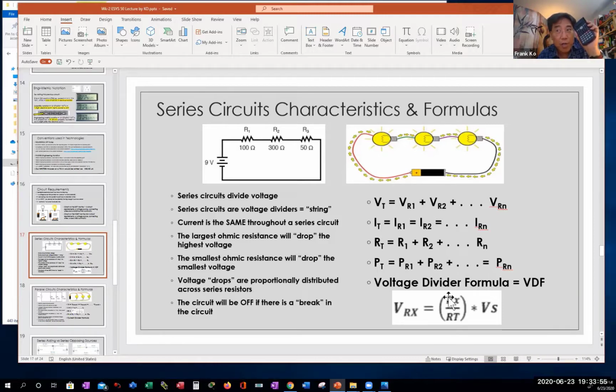So the fraction is 300 divided by 450 times 9. So I'm going to do 300 divided by 450 times 9. Ryan, do you happen to have a number for me? I got 6. And that works out to be 6, and the units of voltage would be?